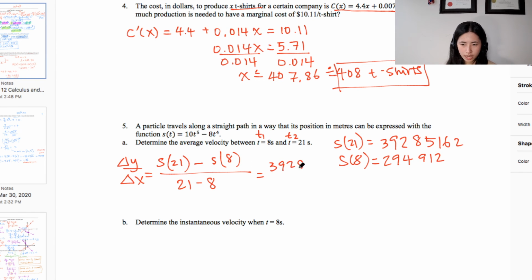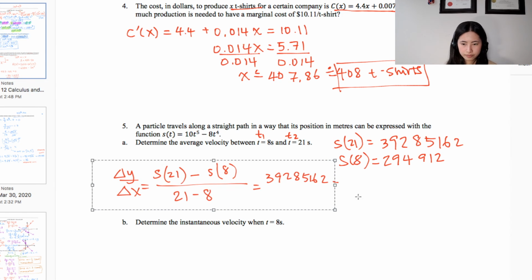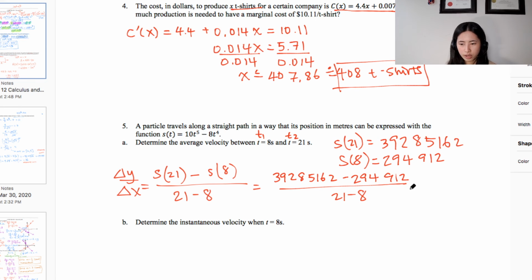All you have to do is take this number, 39,285,162, minus 294,912, over 21 minus 8. I'm going to write this again to make sure it's aligned. Then all you have to do is plug this into your calculator: 39,285,162 minus 294,912 divided by 21 minus 8.